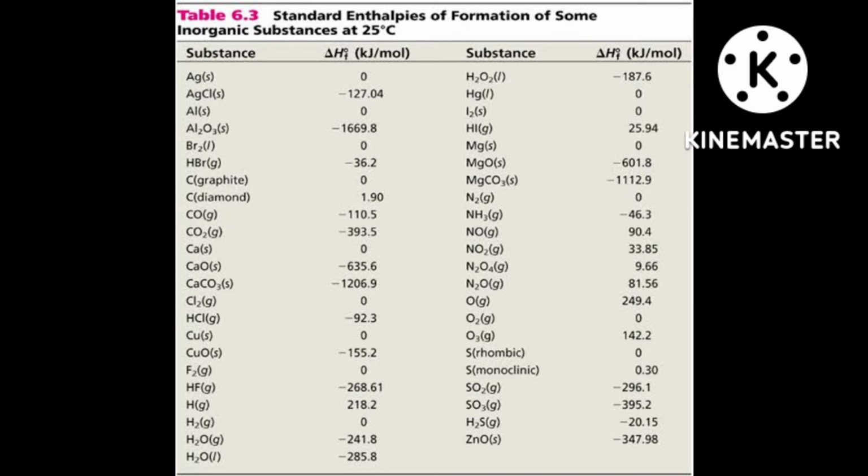All the things I am going to discuss now are asked in competitive examinations, for 1 mark or 2 marks. Here you understand bromine liquid, Br2 (l), in bracket you write a small l. Its delta H value is 0, standard value 0.